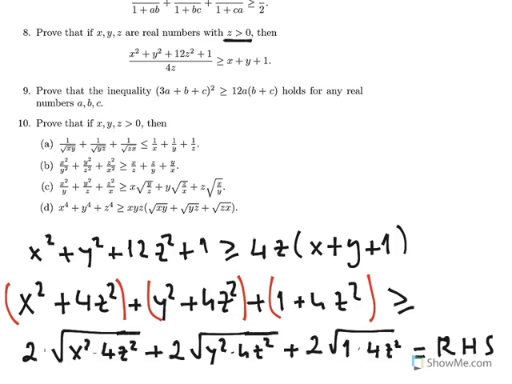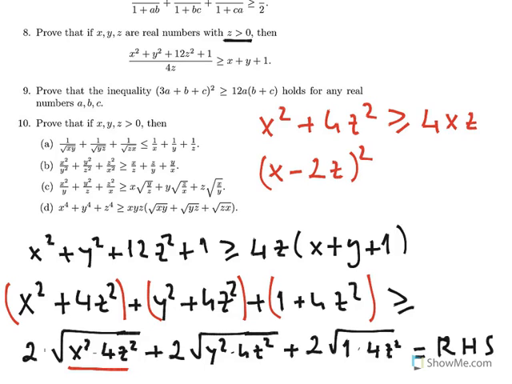Well, by the way, in the problem, x, y, z are not given to be positive. So here, if we apply the AM-GM inequality to these terms, we need positivity. But don't worry, x squared plus 4z squared is anyway greater than or equal to 4xz, because if you take this to the left side, it gives you (x minus 2z) perfect square, which is definitely greater than or equal to 0.